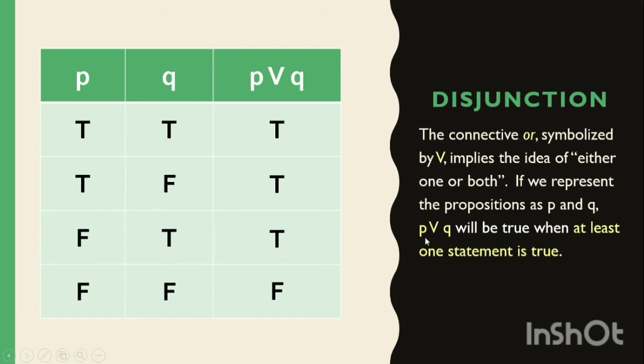Again, the statement P or Q will be true when at least one statement is true. So P or Q or both of them will be true for this whole statement to be true. That is again the disjunction, the compound proposition that uses the connective or.